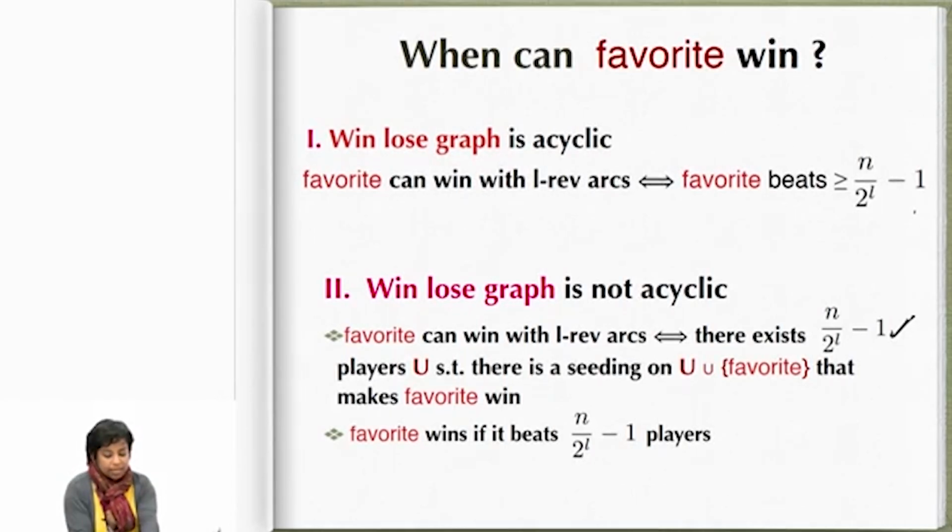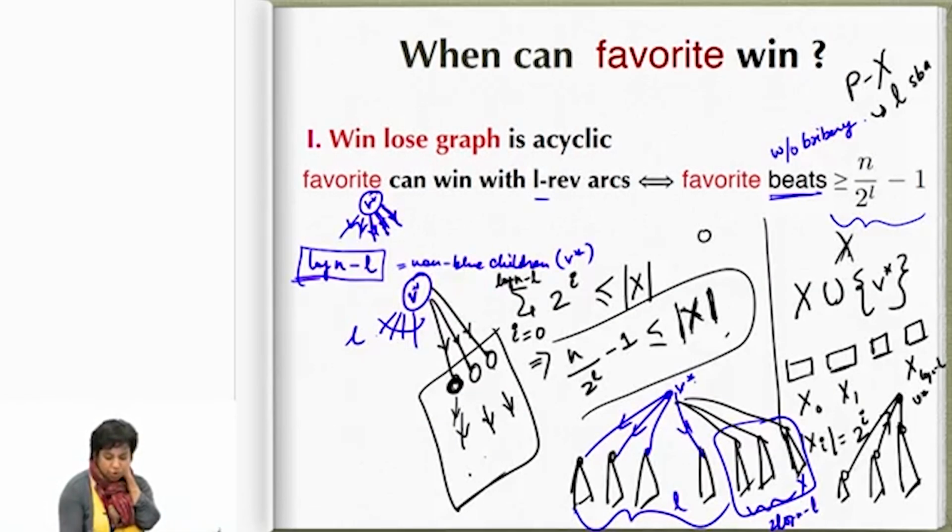So there exists a seeding, meaning if I only looked at this subset of players, there exists an SBA on this subset of vertices with V star as the root, and none of the blue arcs, by the way. This is an SBA in the original graph. This is an if and only if condition. And if you think a little bit, you will see what happened in the previous case when I was drawing here.